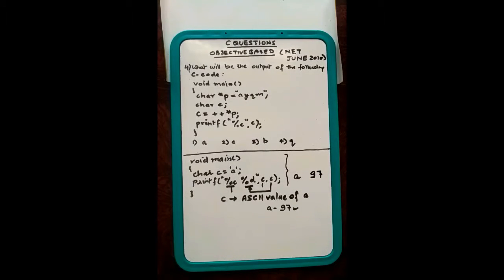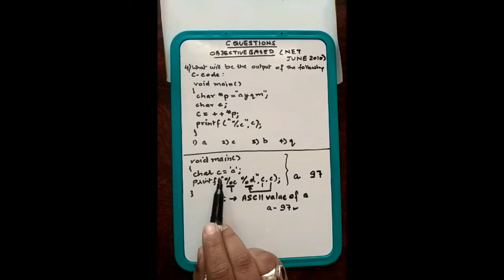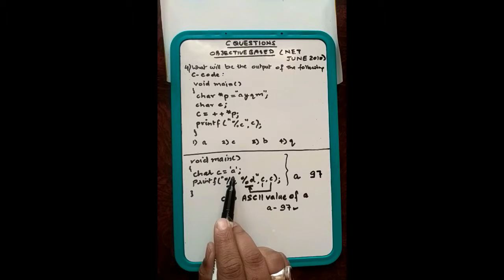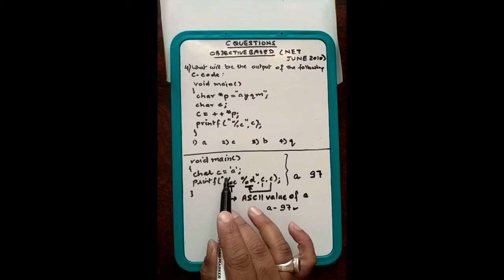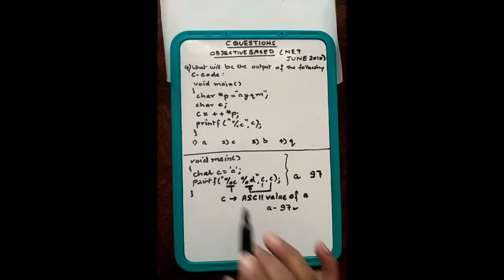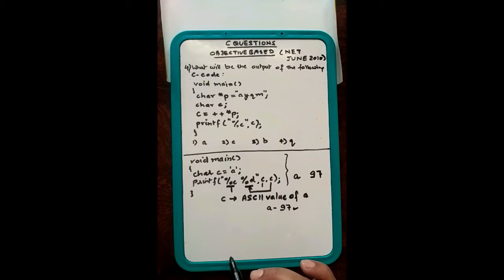Got it? We understand from this program that if we are storing a character in a particular variable, here c, then its ASCII value is stored. The output is a and 97.